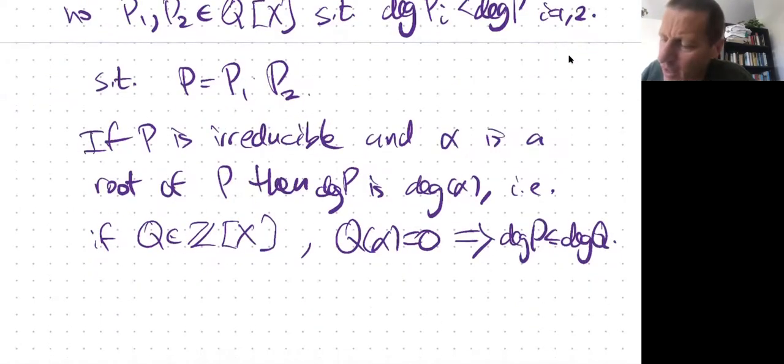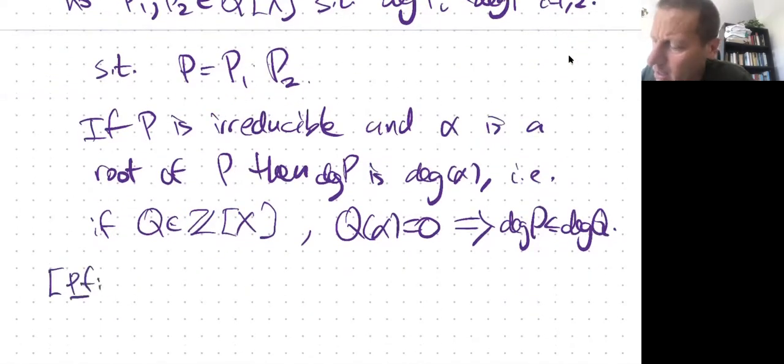And the idea of the proof is that there's a division algorithm with remainder for polynomials.